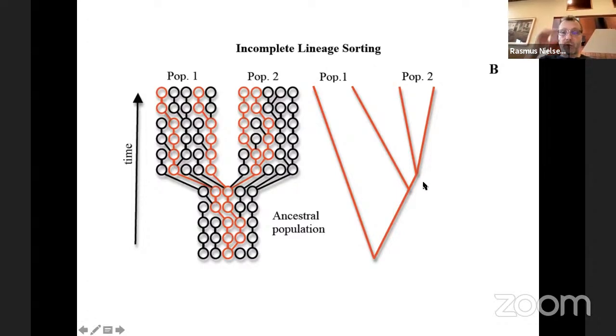And you can show that in the absence of natural selection, all of the information in the data goes through the tree. So in other words, if we knew the tree, what the coalescence tree was, there would be no more information in the data at all. The tree would be a sufficient statistic for any of the parameters we're interested in. And it contains all of the information that would be in the data about the history of the populations.